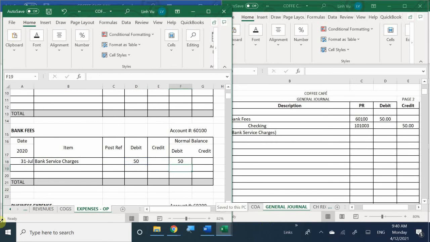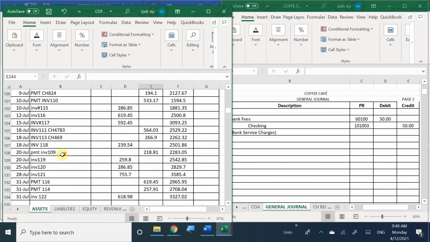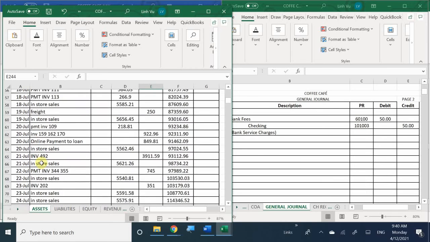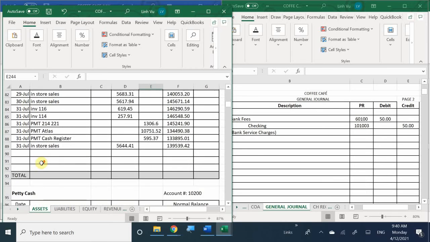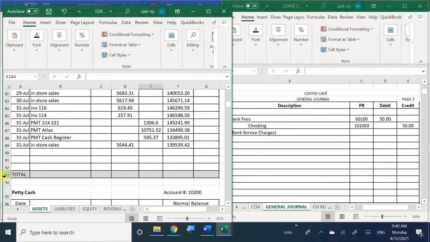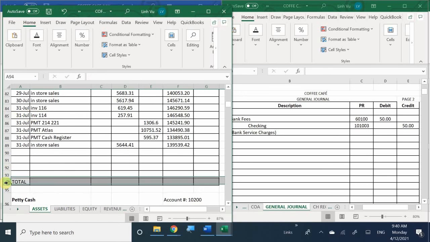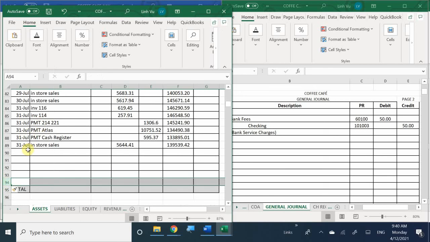Okay. Then we're going to go to our checking account because they took us automatically $50 for my bank service charges. 731 bank.